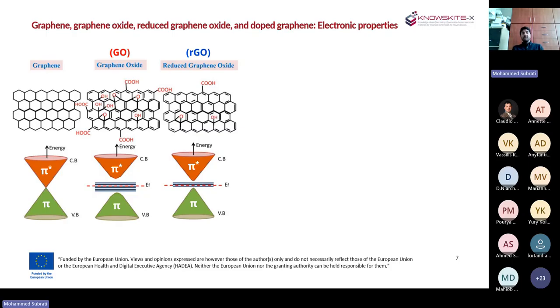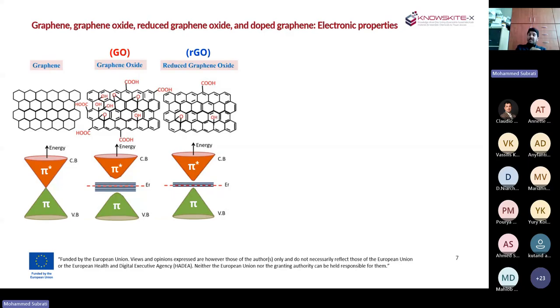On the basal planes, you have the hydroxyls and the epoxides, and on the edges, you have the carboxyls. This is the structure of graphene oxide. Because of this, you distort the long-range sp2 conjugation you saw before. Because of this, you open, you widen that gap. You can see these horizontal lines in the forbidden band in between are basically the defect states, and the Fermi level goes through these defect states in the forbidden band.